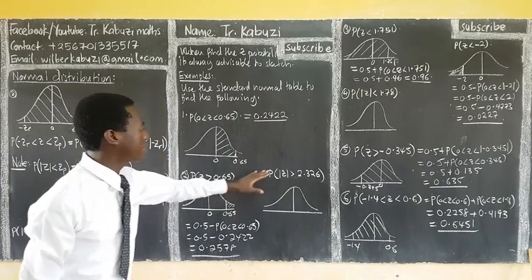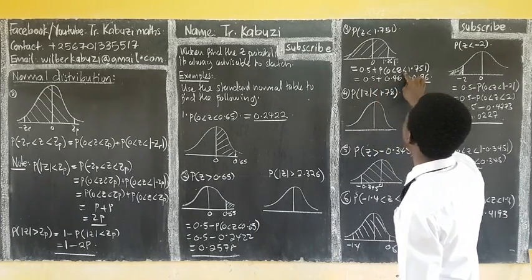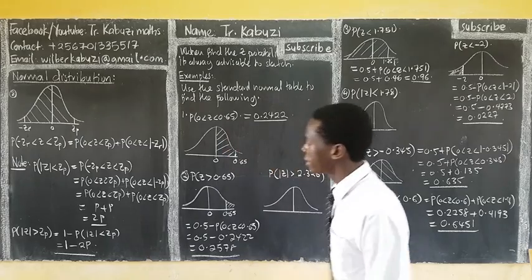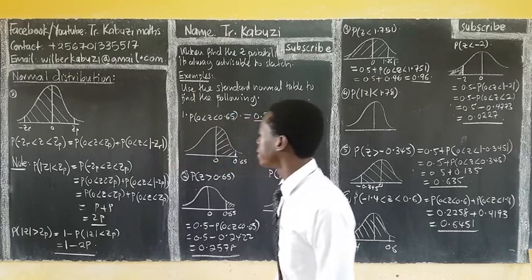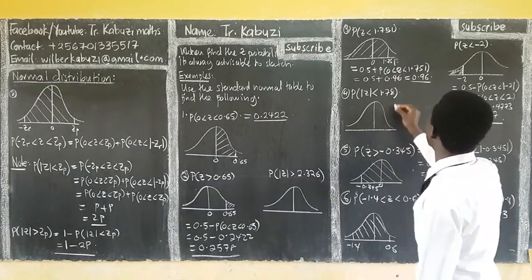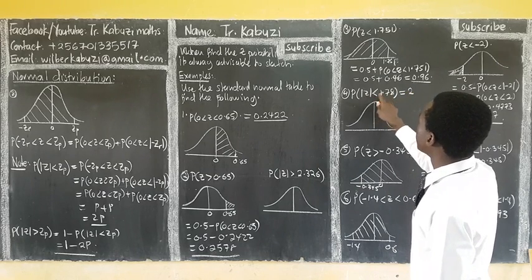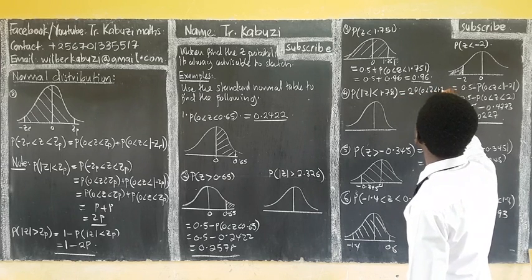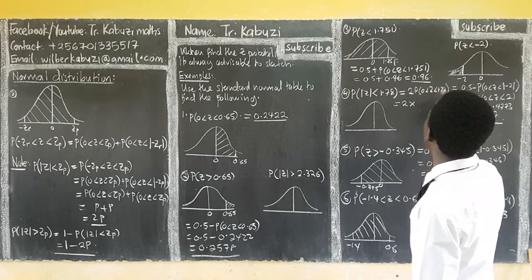Now, I have these two remaining. You say that this one is very easy if it's less, because our table score is reading this side here. So this one is saying from here. Whenever I have modulus less of, you just get 2p. So this will be now twice. Now, if it's less twice of, probability for 0 less z less now this value 1.78. So then you say this will be times, then you press this on the calculator.